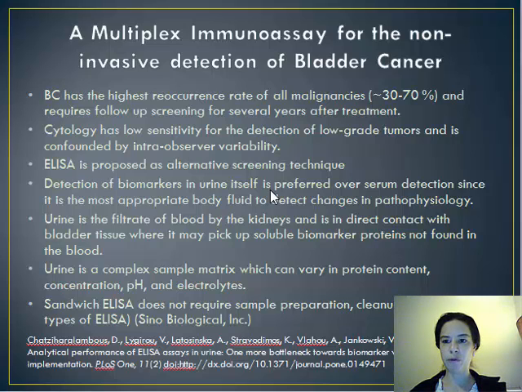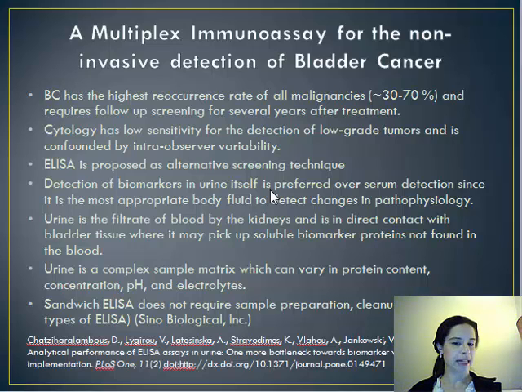source for your analysis than blood or serum, because urine is actually filtrated blood, and it's in direct contact with bladder tissues, so it can pick up biomarker proteins that you would not necessarily find in the blood.